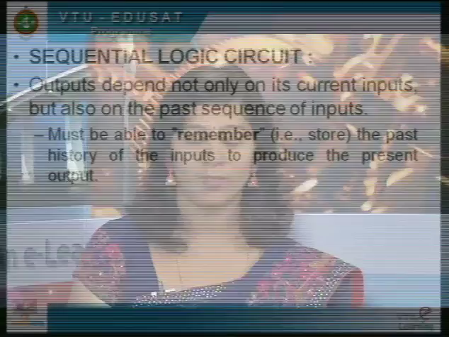It should be able to remember or store the past history of the inputs so that it will be able to produce the current output. It has to remember what the previous input was, or the input before that, maybe 2 or 3 stages before, and based on that it will generate the current output.